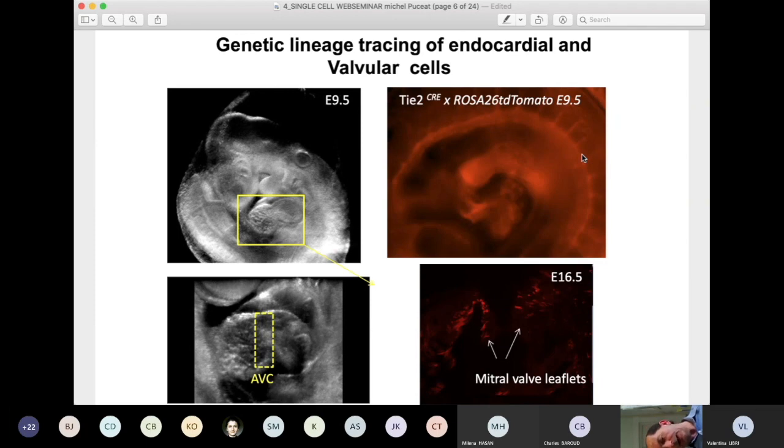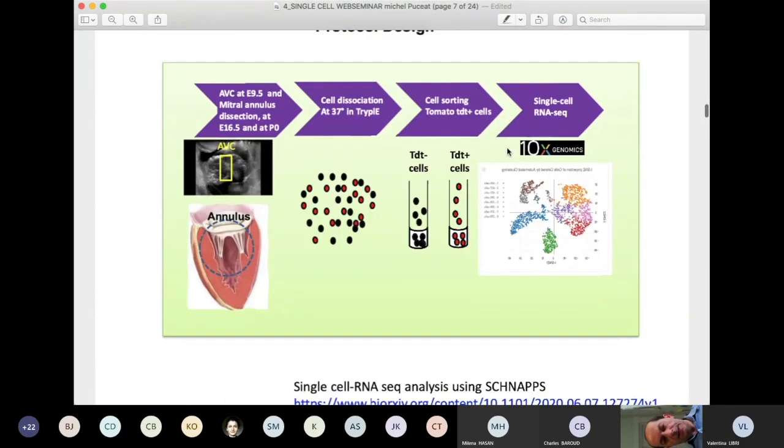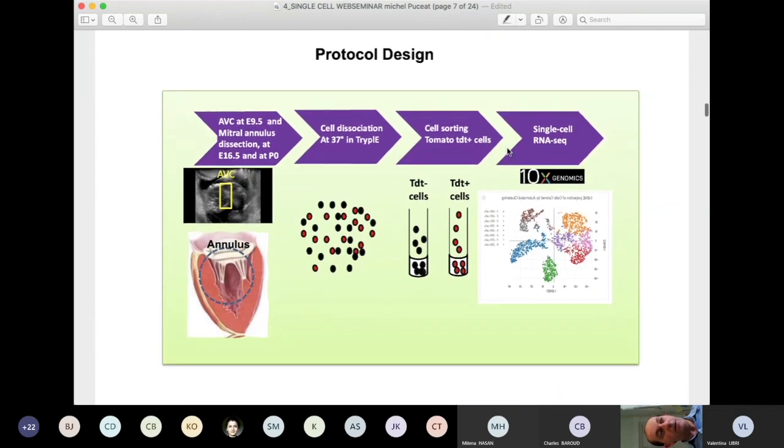And you see, for example, at E16.5, all these tomato positive cells in the leaflet of the mitral valve.